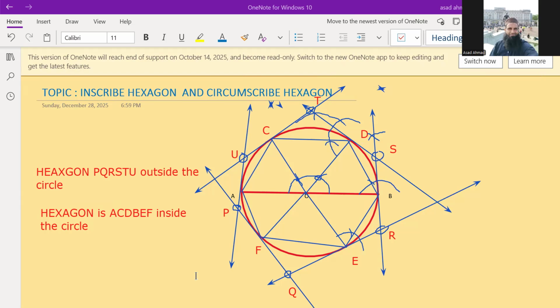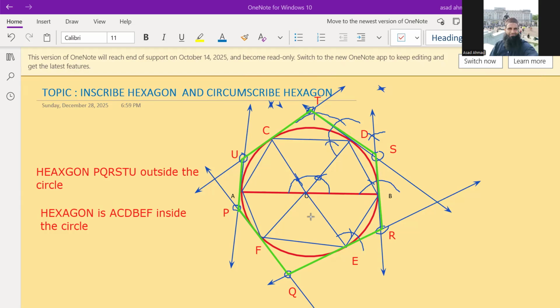So the required hexagon, which is outside, is like this. If you draw it on the computer, the sides may appear unequal because it is not made with a compass, it is on the computer, so the side lengths apparently show a difference. But when you draw with a compass, all lengths will be equal, of the internal hexagon or the external hexagon. It will become a regular hexagon, which means all sides will be equal and all angles will be equal.